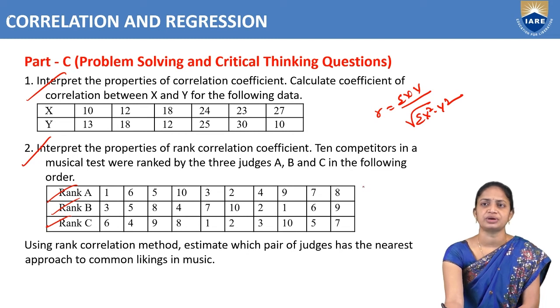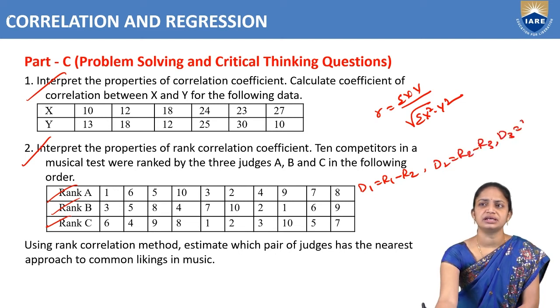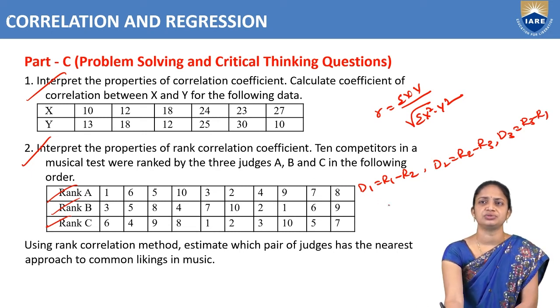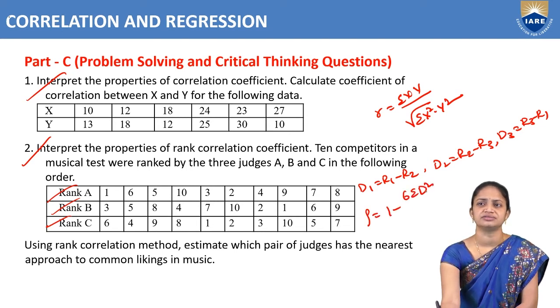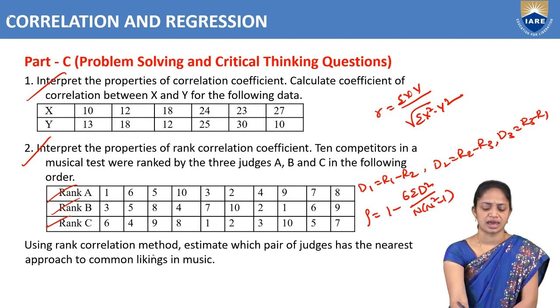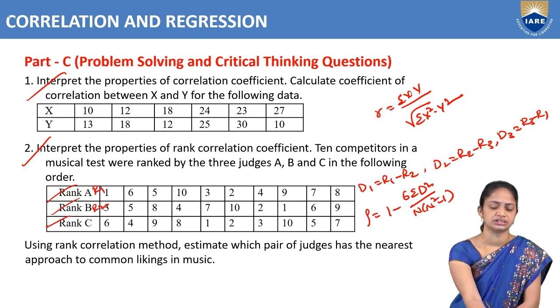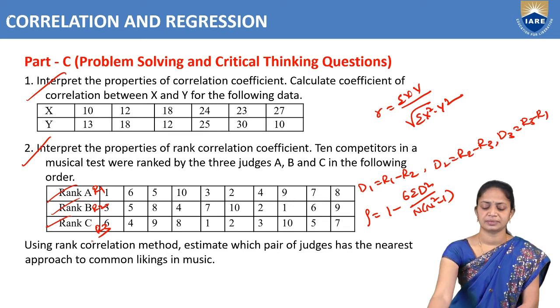So here we need to find D1, that is R1 minus R2, D2, R2 minus R3, and D3, R3 minus R1. After that we need to calculate D1 square, D2 square, D3 square, because the main formula is 1 minus 6 sigma D square by n into n square minus 1. We have to calculate 3 times. Let us consider this is R1, this is R2 and this is R3.